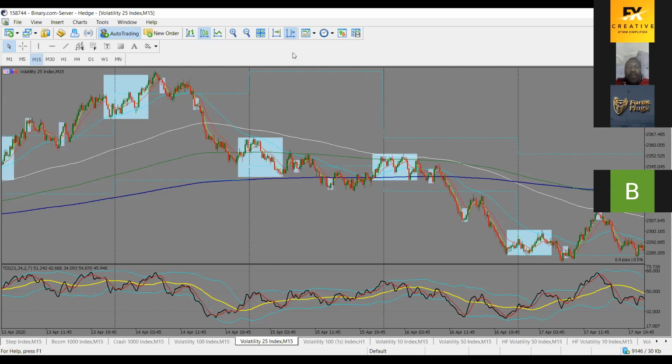So even if the EMA is not there, if they give you an M, it is an indication that an HOD or an LOD is formed. And usually the dealer doesn't go back to the high or low once they have set the HOD or the LOD, so you can still take it.